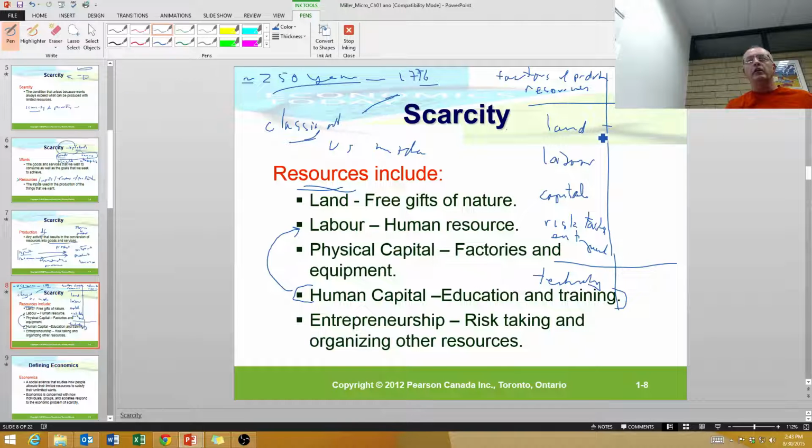When he talked about land, he was actually talking about an agricultural-based society. So when he talked about land, he meant dirt, and he actually talked about agricultural land. So he really meant fields.